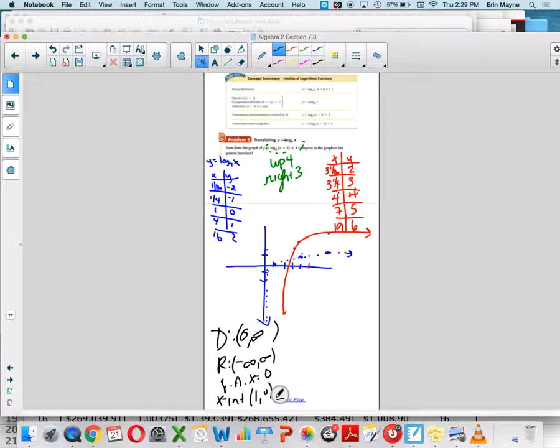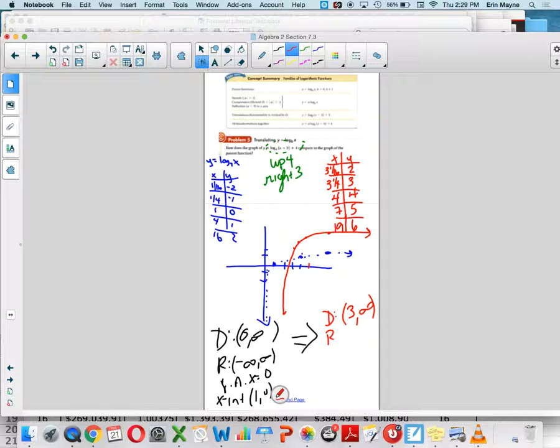Okay, so now if we go to the red, what is the domain? Under a shift up 4, right 3, will the domain change? Yes. What will it be? 3 to infinity, right? If before I couldn't start until 0, well, if I shift all of that to the right, now I can't start until 3.